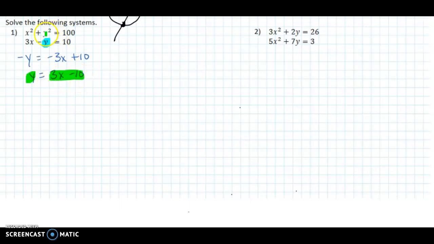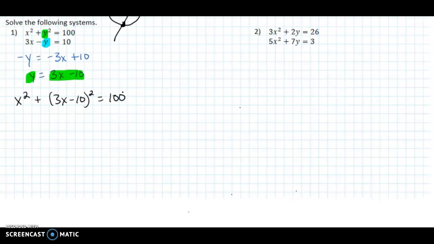So I'm going to go up to my top equation, the equation you didn't use, and plug in 3x minus 10 for y. You just drop it in there and rewrite the equation. And then you have an equation you can solve.